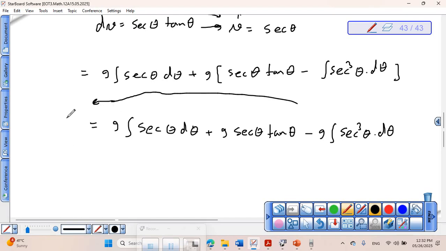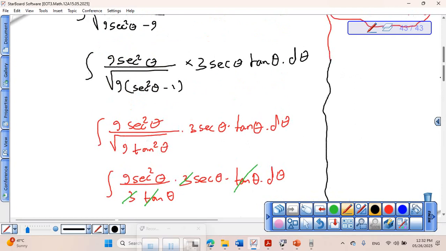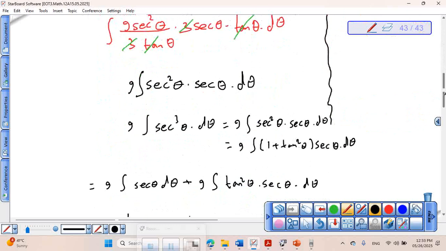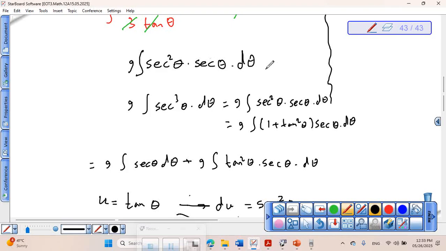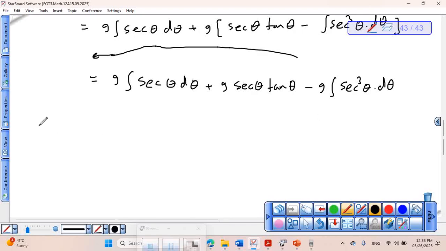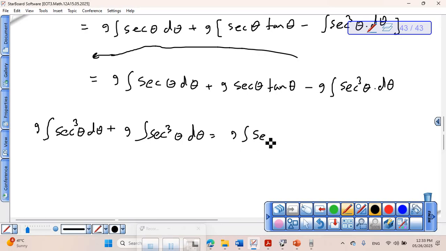As you see here, this integral, 9 sec to the power 3 theta d theta plus 9 sec to the power 3 theta d theta equals 9 integral of sec theta d theta plus 9 sec theta tan theta.